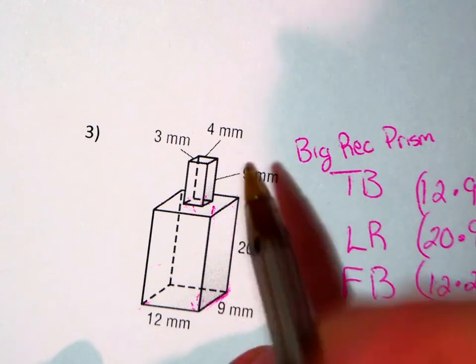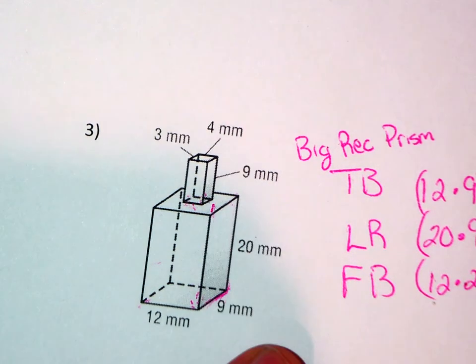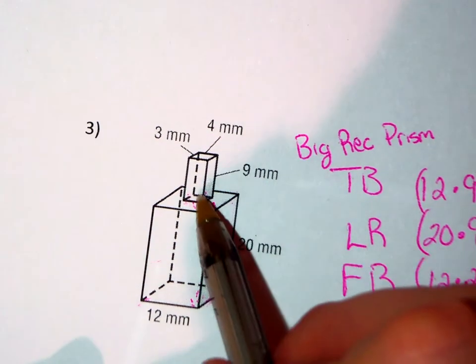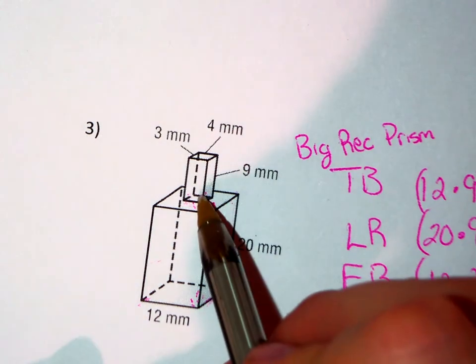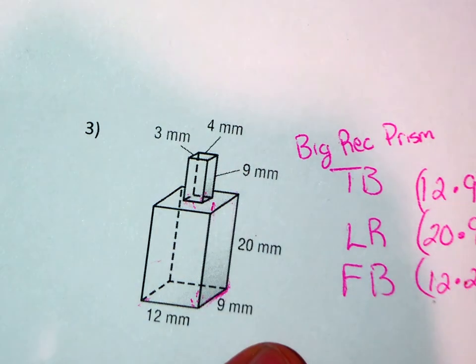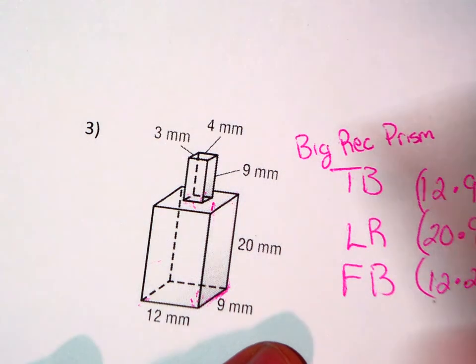Secondly, we need to not calculate in the area of the little rectangular prism's bottom. So how am I going to accomplish both of those in one step? Well, here's how I'm going to do it.